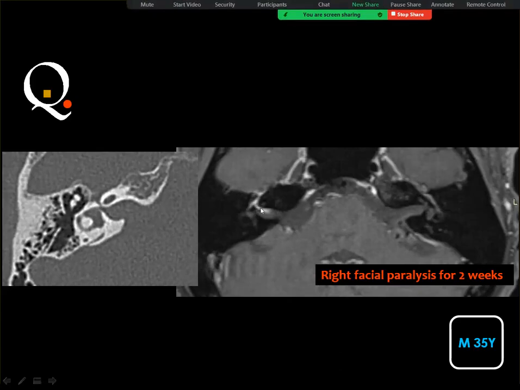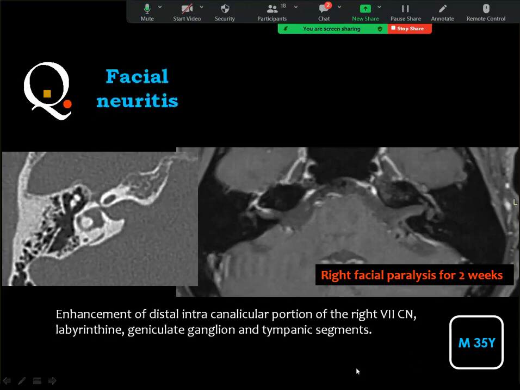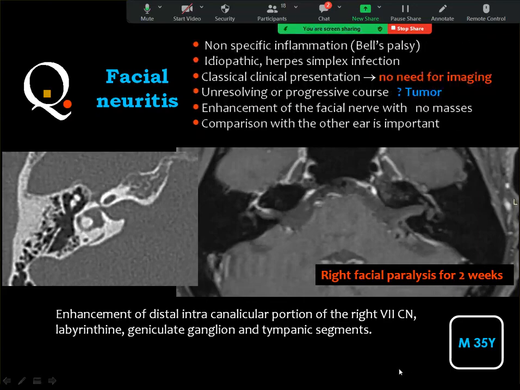And the facial nerve is going through its canal, as we have mentioned in the anatomy. An enhancement of the nerve without any appreciable enlargement or localized mass is diagnostic of facial neuritis. And this diagnosis cannot be reached unless you have MRI with contrast material, and you may also support your technique by FATSAT. Then you are able to see the enhancing nerve, and you diagnose the inflammation of this nerve.